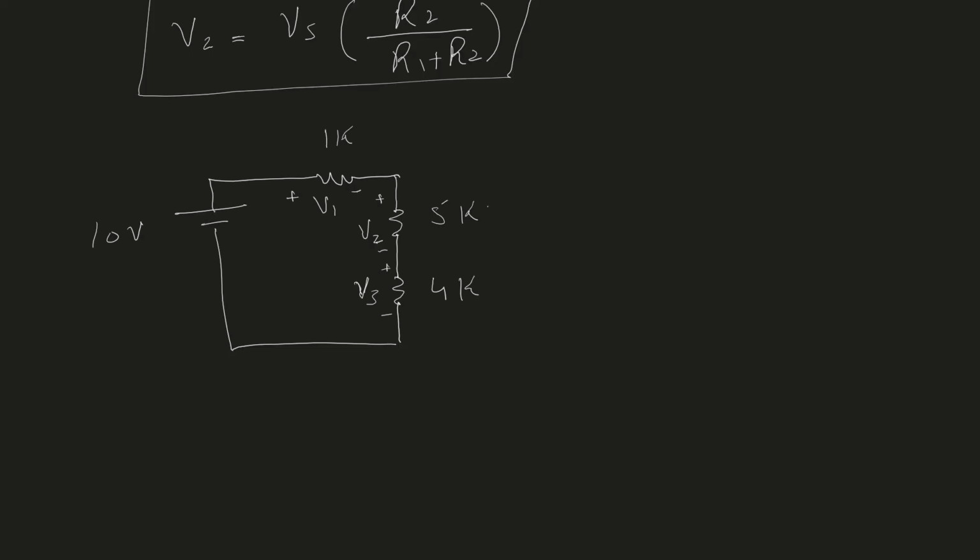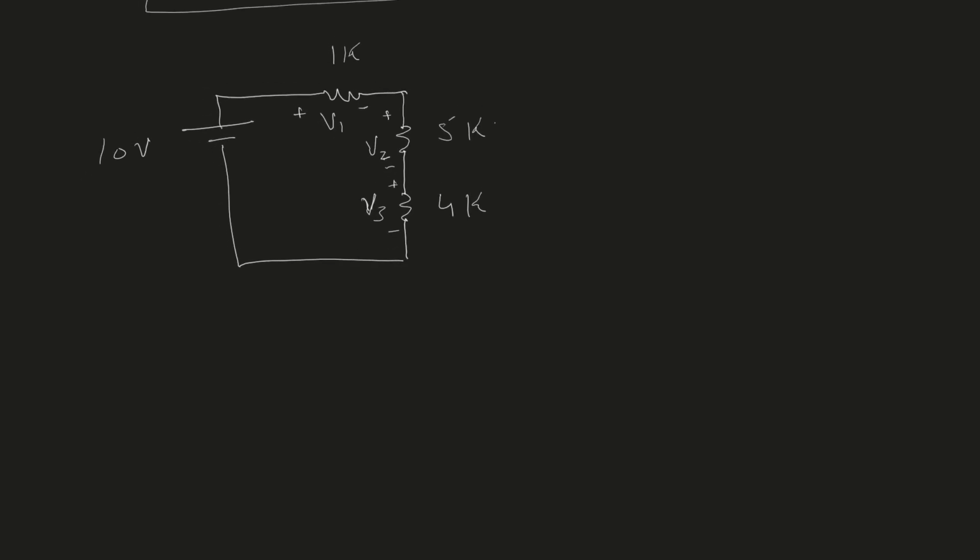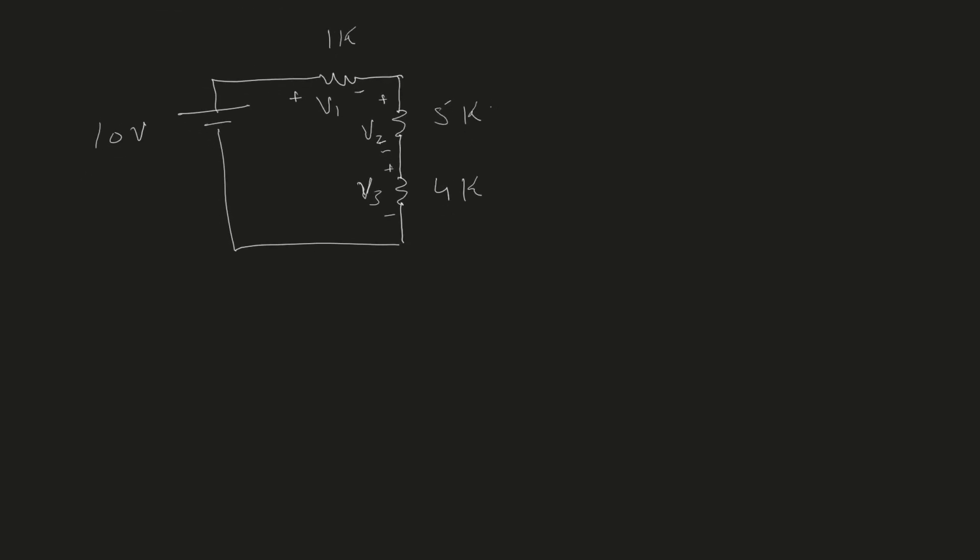We can solve this using Ohm's law, first calculating the series resistance, the equivalent resistance of these 3 series resistors. But I just want to show how to use VDR over here. So therefore, the equation of the VDR is that V1 should be equal to the source voltage times the resistance R1, which is the resistor across which I'm finding the voltage V1, divided by the total resistance in the series path.